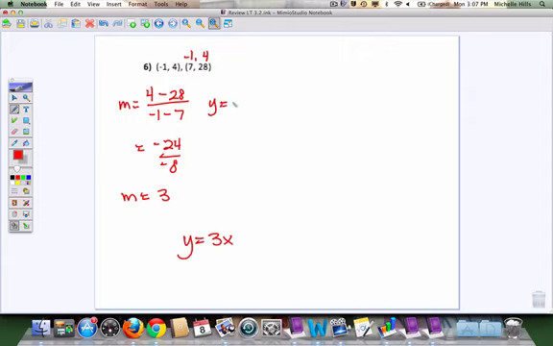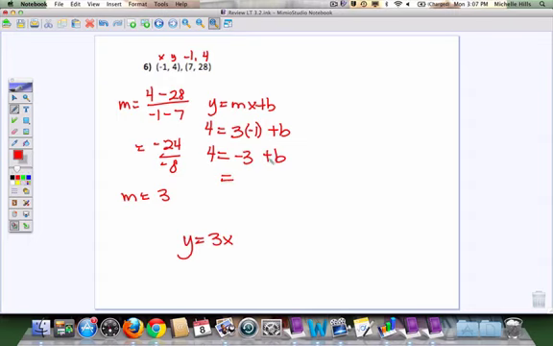So I'm going back to my y equals mx plus b. I just calculated that m is 3. Inside an ordered pair, there's an x and a y. So y is 4 when x is negative 1, and the thing I'm trying to solve for is my b. So 4 equals 3 times negative 1, which is negative 3. Bring down my plus b.